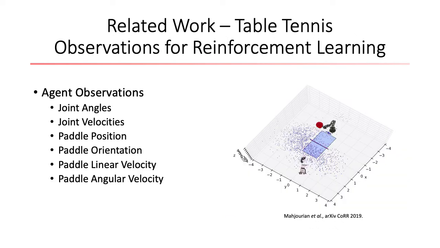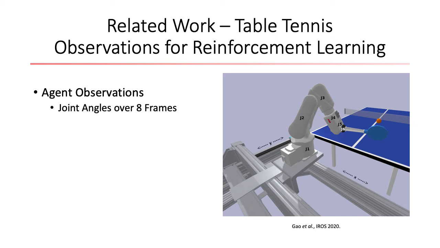In reinforcement learning for table tennis, Majorian et al. used observations of the joint angle and velocity, as well as several observations of the end effector paddle state. In another table tennis reinforcement learning work, Gao et al. gave their policy joint angles over the most recent 8 frames.